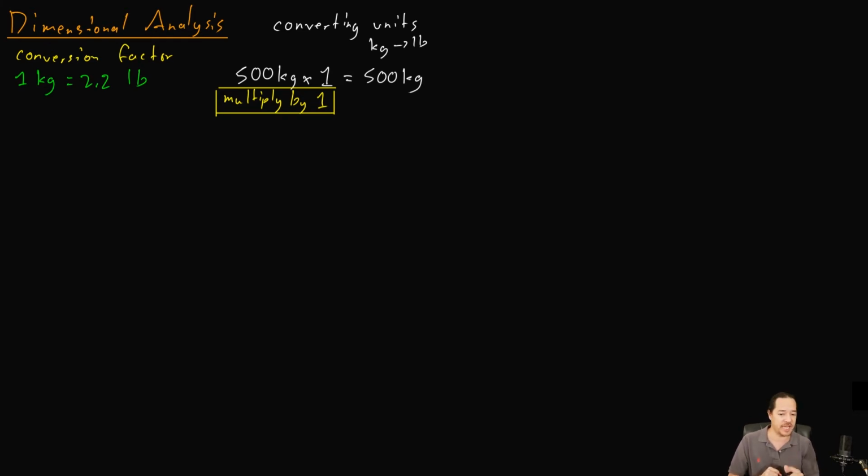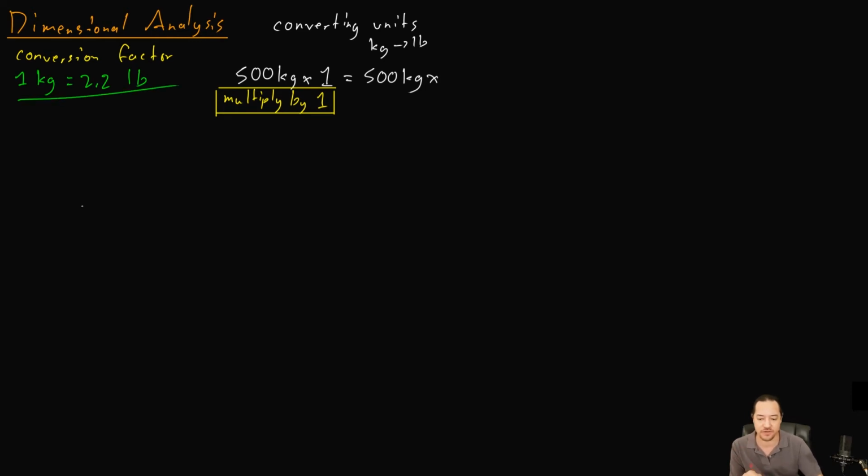And by doing that, we will maintain the same quantity, but we will change the units. Let's see how this works. All right, so we're going to multiply by 1 again, but instead of the number 1, it's going to be a value of 1 based on the conversion factor.